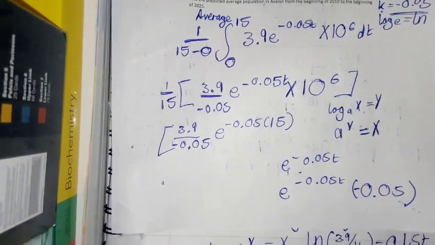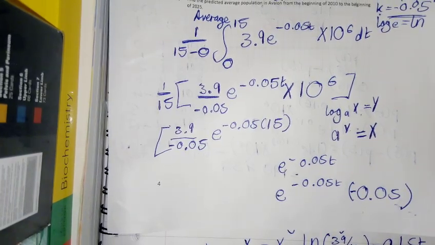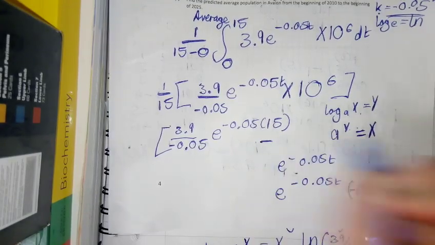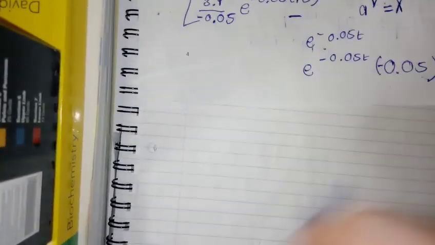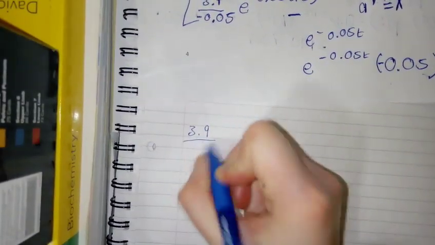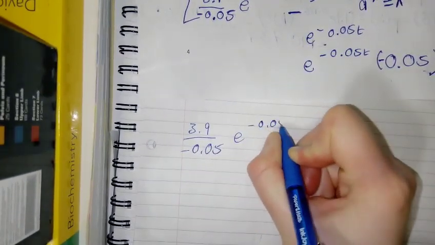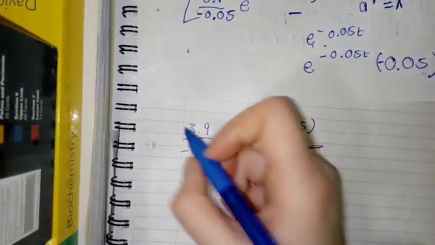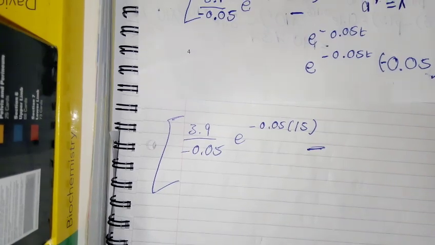I'll go on to another page. So 3.9 over minus 0.05 e to the minus 0.05 by 15, and then we're going to be subtracting when t is equal to 0.